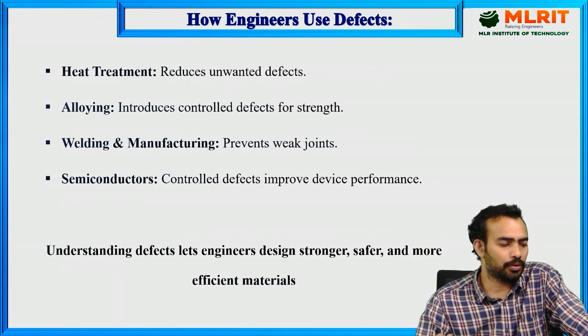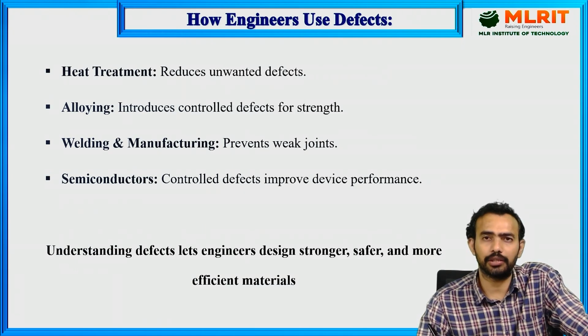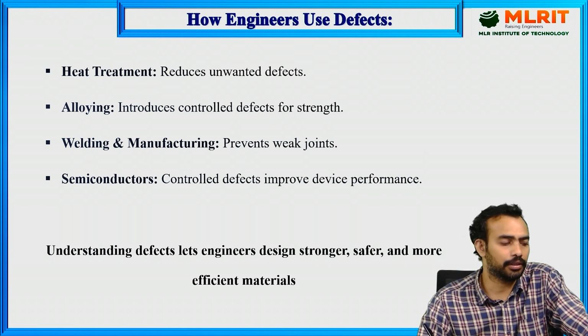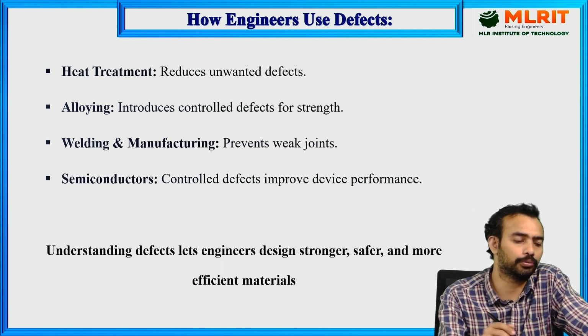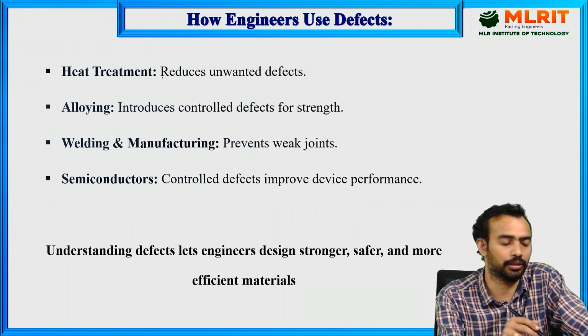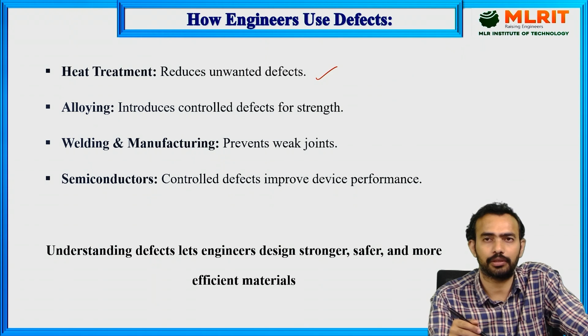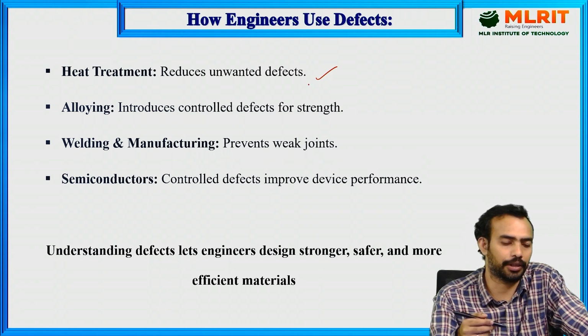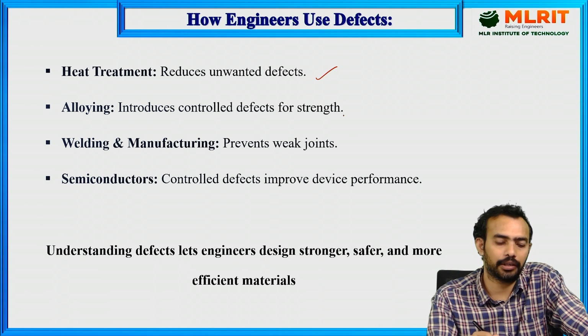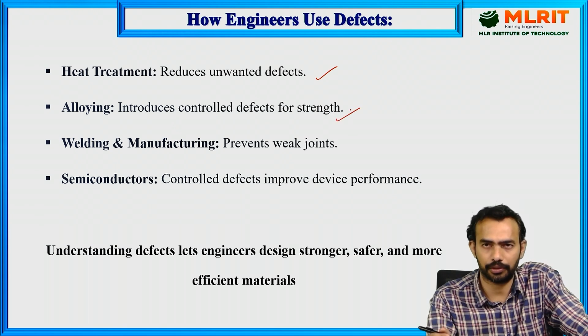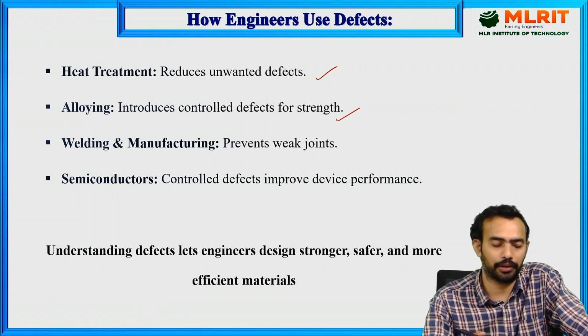Right. So if you recall, engineers need to work on these defects quickly. One needs to use heat treatment to reduce them. We have to understand the heat treatment process and control these defects, reduce the unwanted defects, and by allowing it, we can carefully consider defects for improving the strength, similar to what we have discussed just now, the carbide inclusion in the steel.